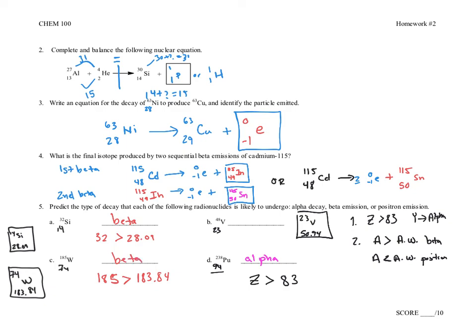But for vanadium, my 48 is smaller. The periodic table value is bigger, and so it's going to undergo positron decay. So again, all of these things were covered in our nuclear chemistry packet, so you can use that as well. And as always, thank you for your time.